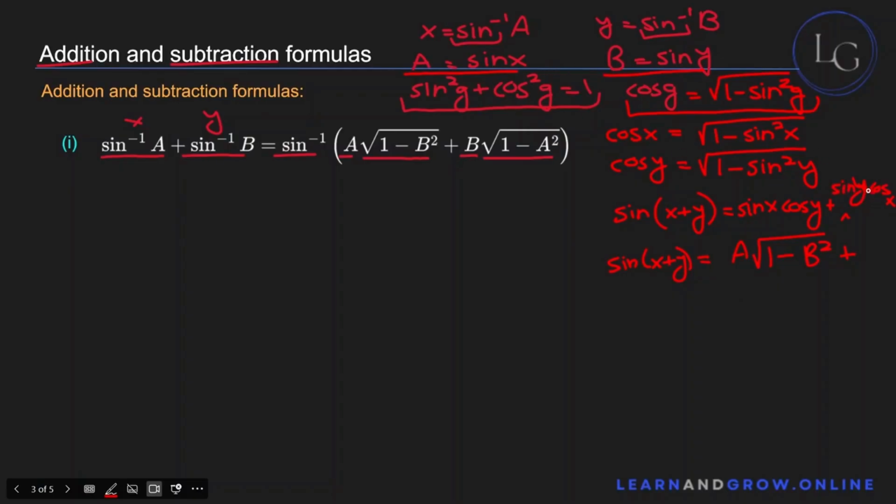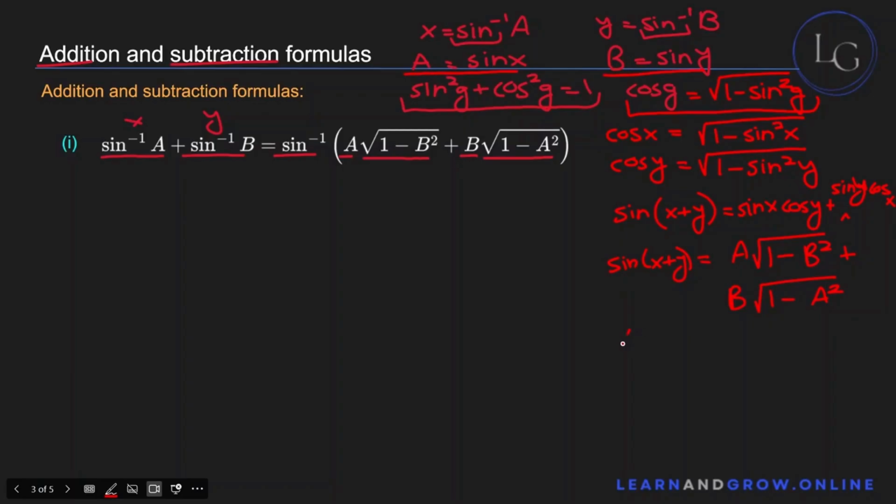Sine y was equal to b, right? Into under root of whatever cosine of x is. Cosine of x was under root of 1 minus sine square x, and sine x is a. So under root 1 minus a square, right?